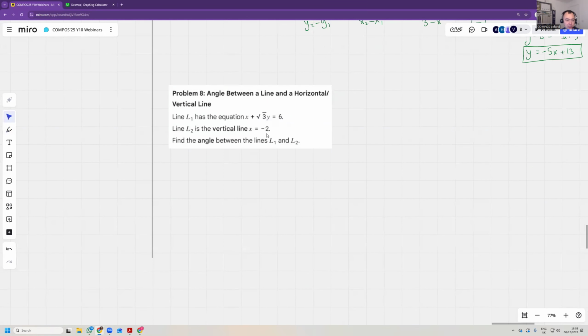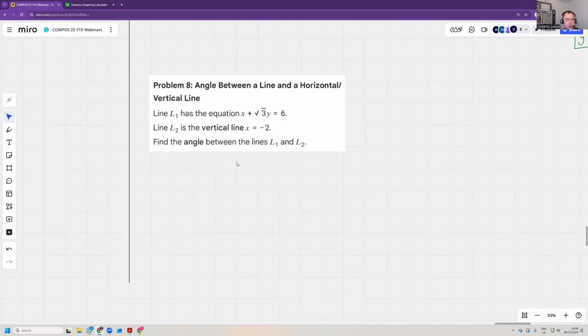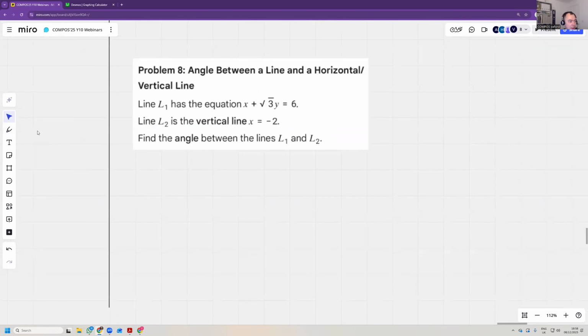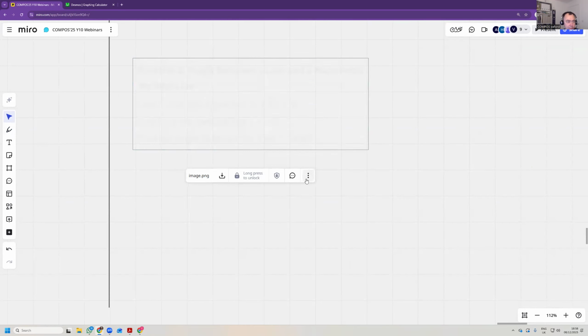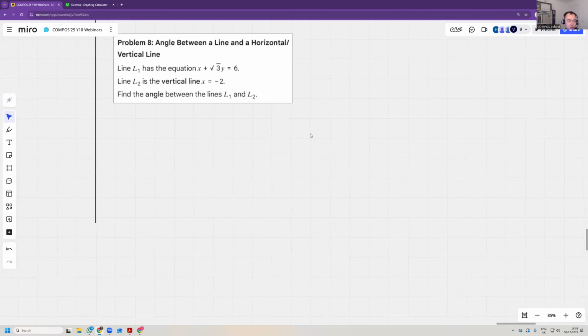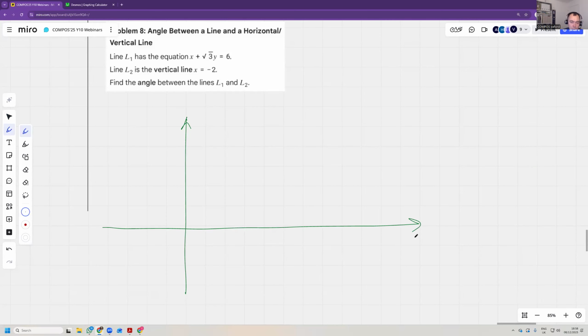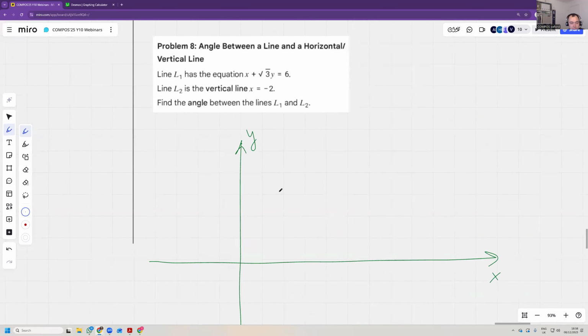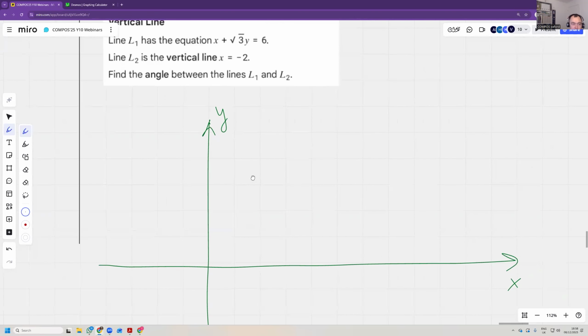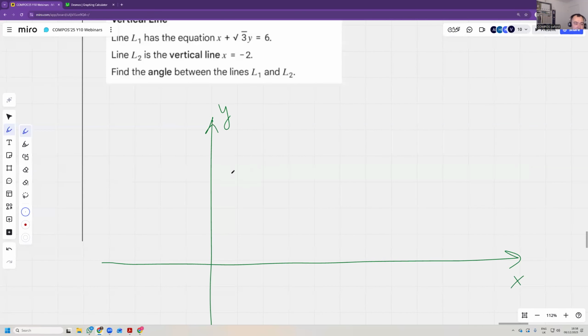Angle between a line and a horizontal or vertical line. All right, so we have a line with equation x plus root 3 y is 6. I'm going to use the trick again.